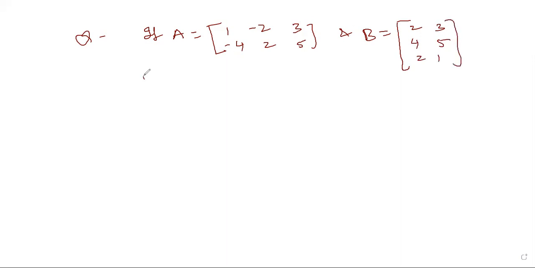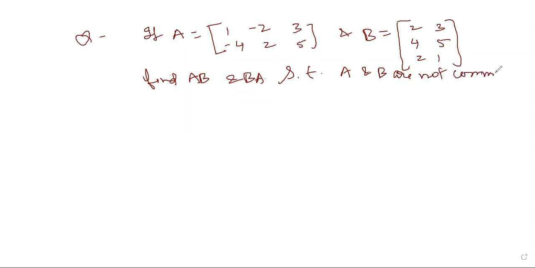Find AB and BA, and show that A and B are not commutative, AB is not equal to BA. As I told you, sometimes we are getting multiplication, but they are not equal.